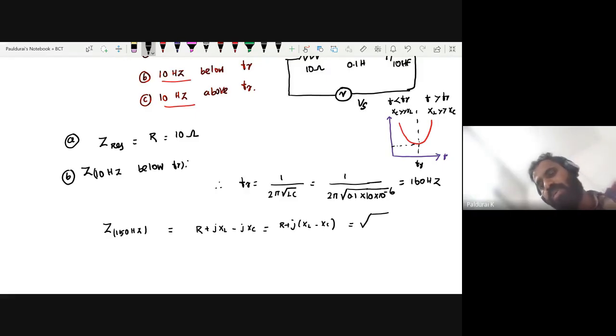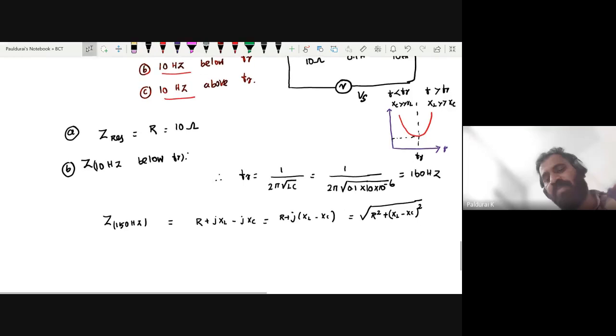Take the magnitude: square root of R squared plus (XL minus XC) whole squared. So you want to calculate XL and XC at this 150 hertz.